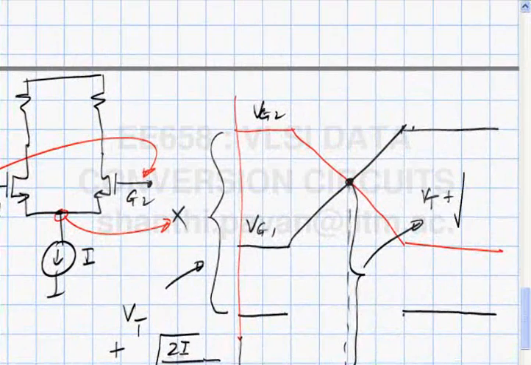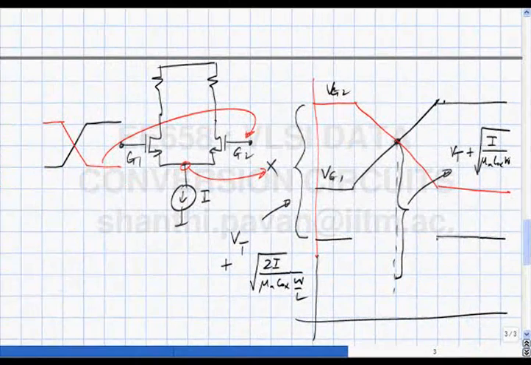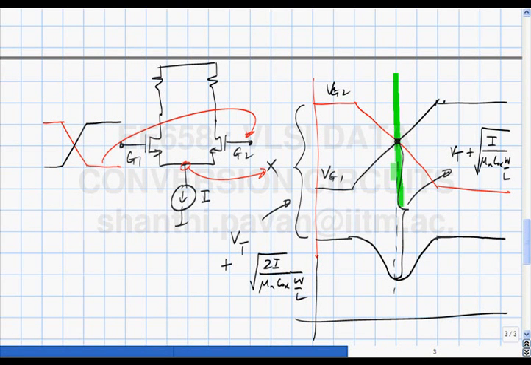Vt plus square root of 2I, so I upon mu n Cox W by L. So the output voltage will be something like, the waveform has to be symmetric around this point.